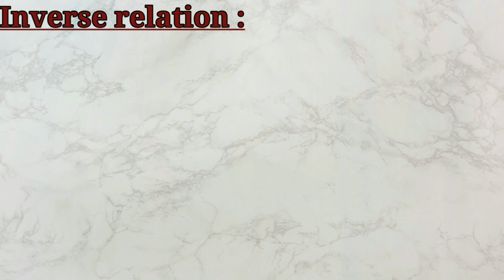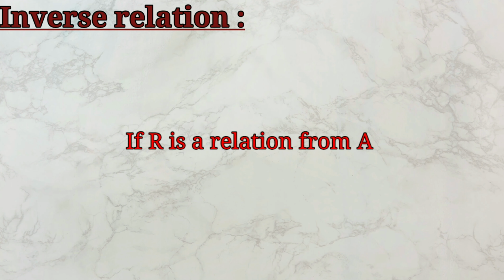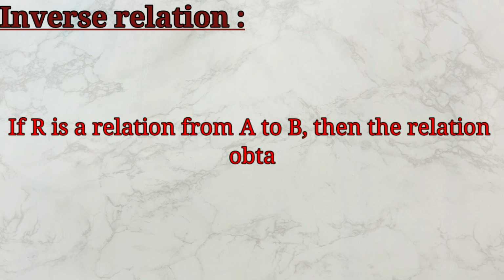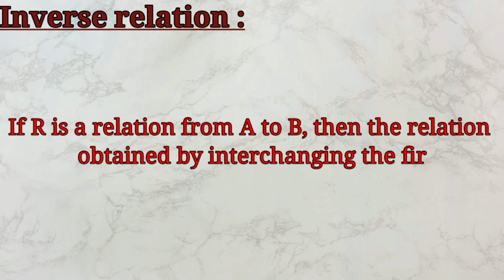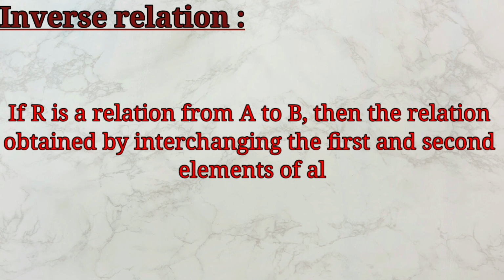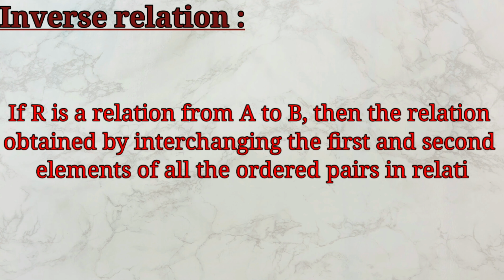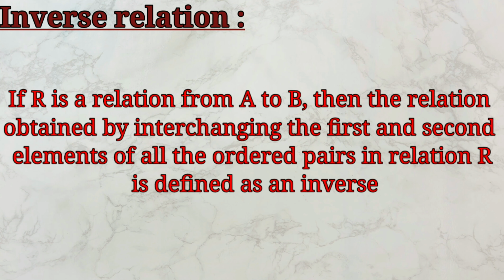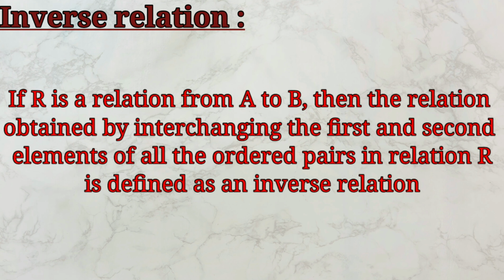Inverse relation. If R is a relation from the set A into set B, then the relation obtained by interchanging the first and second coordinates of all the ordered pairs of the given relation R is called an inverse relation of R. The inverse of the relation R is denoted by R raised to the power minus 1, but it is read as R inverse.